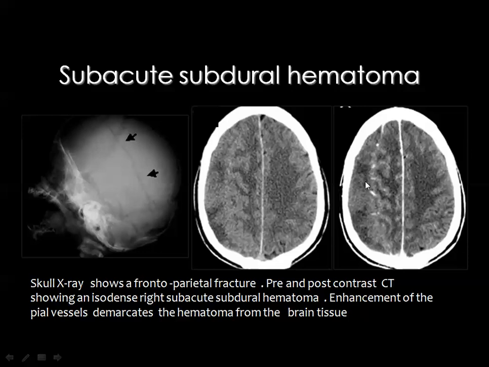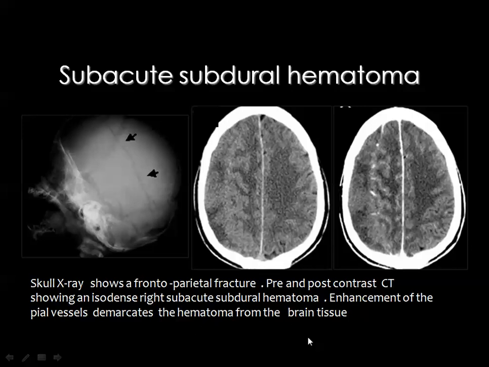Then it will shift from hyperdense to hypodense, but while the density is decreasing from hyper to hypo, it will at a time appear exactly similar to the density of the brain tissue, and then it will appear isodense.